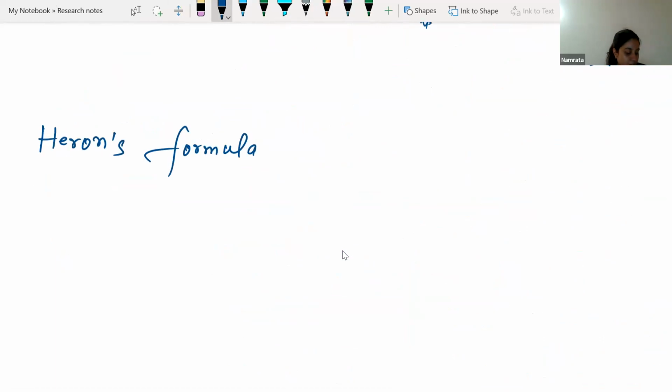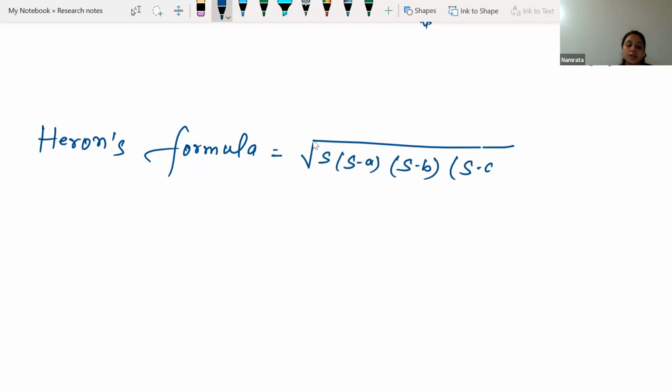Let me check if any other part is there before the introduction of this formula. No. Yeah, you just need to understand a little bit about the triangle and the height of the triangle. Now the formula says the area is equal to root of S into S minus A, S minus B, S minus C. Now this S is equal to A plus B plus C by 2.